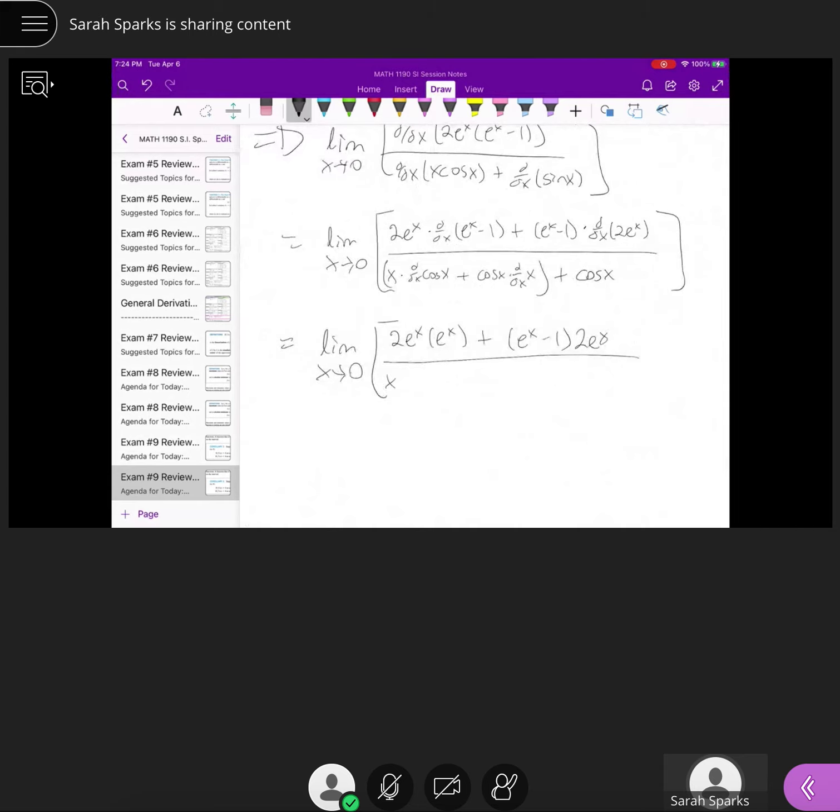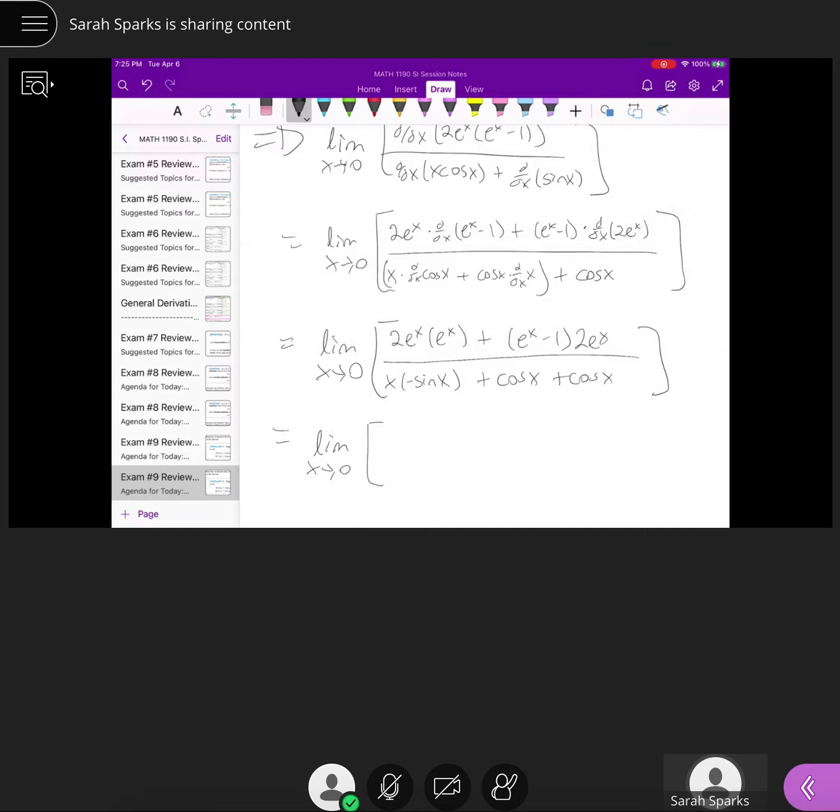Derivative of cosine is negative sine, and then derivative of x is 1, so plus cosine x plus cosine x. All right, so we're still going to simplify.